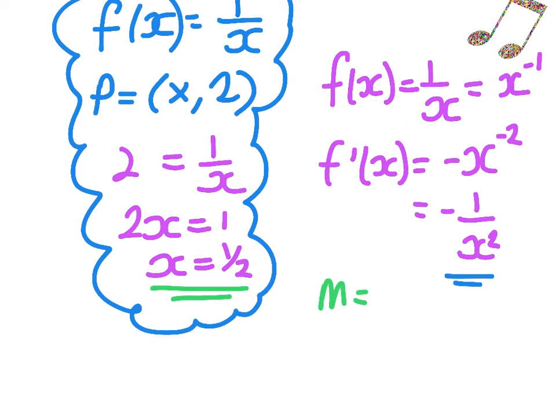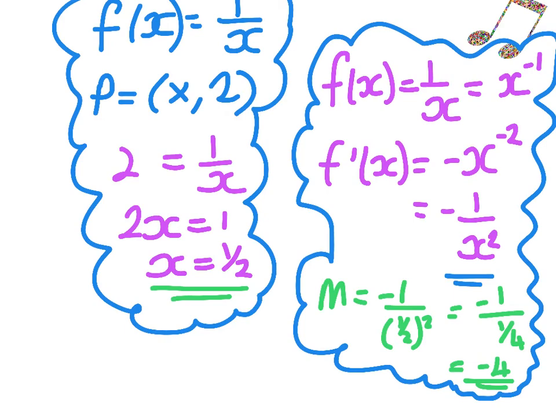So the gradient is equal to negative 1 over a half squared. Now a half squared is a half times a half, which is a quarter. Dividing by a quarter is the same as multiplying by 4. So the gradient here is equal to negative 4.